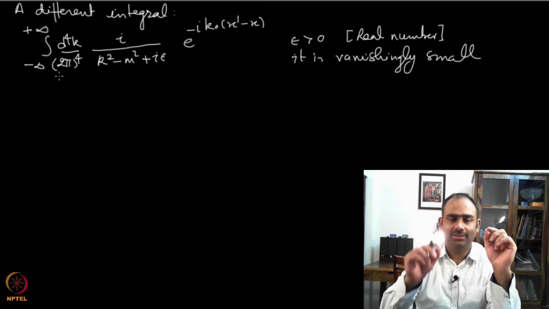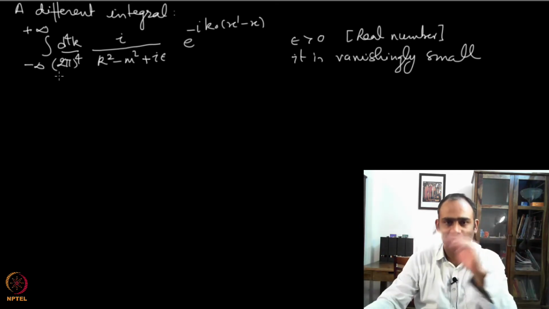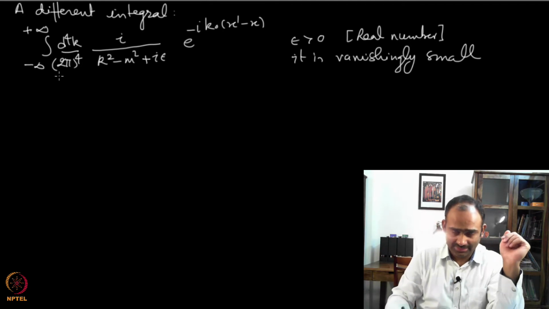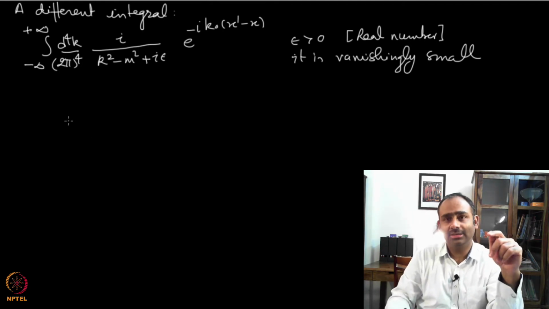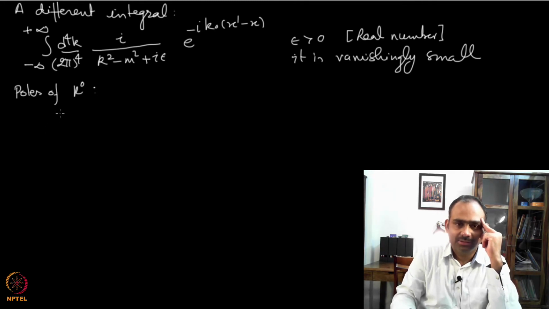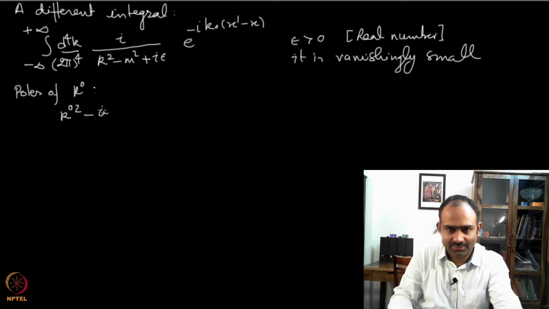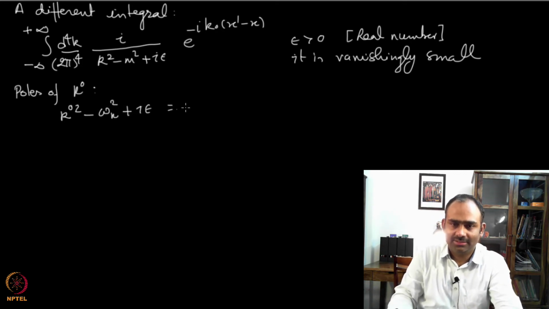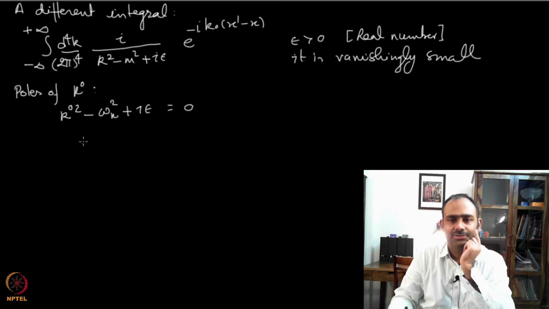Okay, so, again our integration contours are from minus infinity to plus infinity for all the 4 variables, and let us look at where the poles are located in the k0 plane. So, what we want to look at is the poles of k0. Okay. So, what I want to do is k^2 minus m^2 is basically k0^2 minus omega_k^2, as you saw before, and you have a plus i epsilon, and let us find out where this becomes 0.